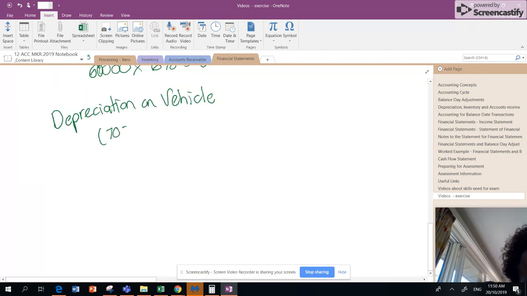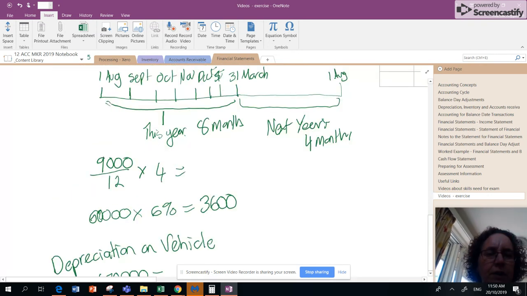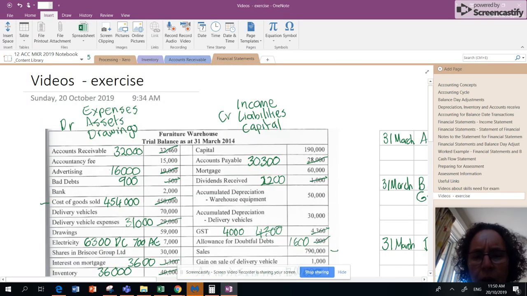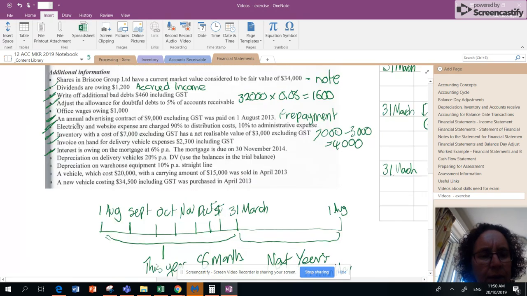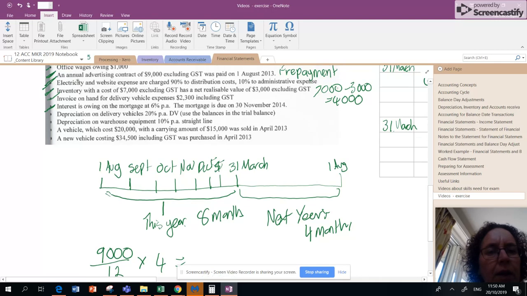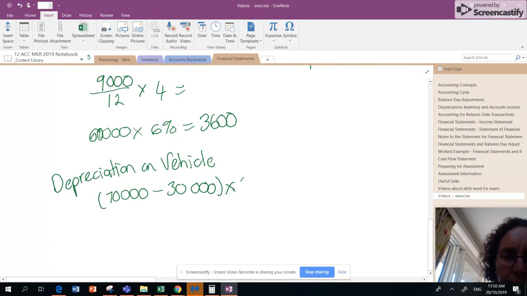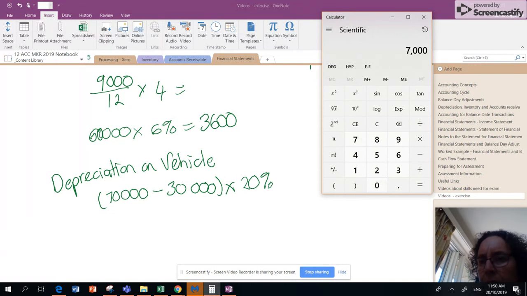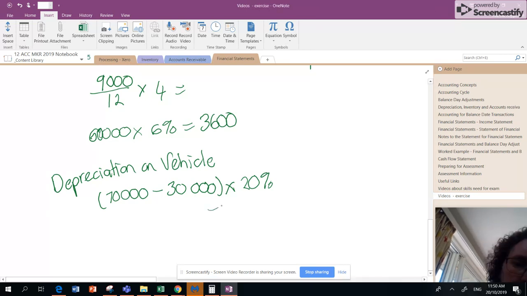Then we're going to find the accumulated depreciation and take it away. So that's 30,000. And we're going to times that by the rate that we're given, which is 20%. Okay, so it's going to be 70,000 minus 30,000, 40,000 times by 0.2. So our depreciation on the delivery vehicles is 8,000.